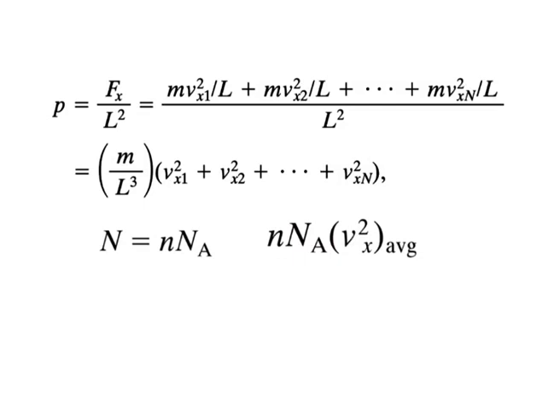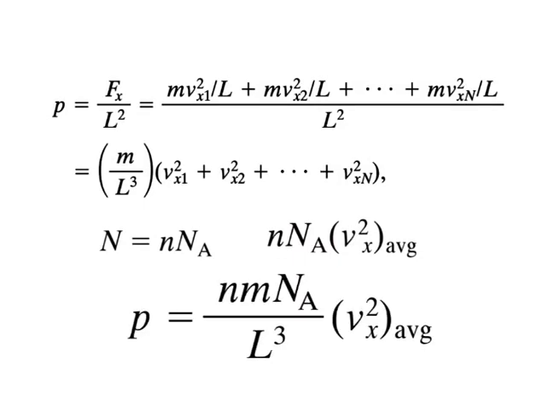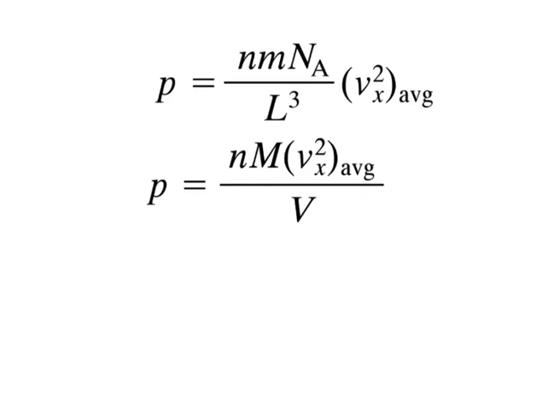The equation then becomes P is equal to nm Na upon L cube into vx square average. However, m Na is the molar mass M of the gas, that is, the mass of 1 mole of the gas. Also, L cube is the volume of the box, so P is equal to nM vx square average divided by V.